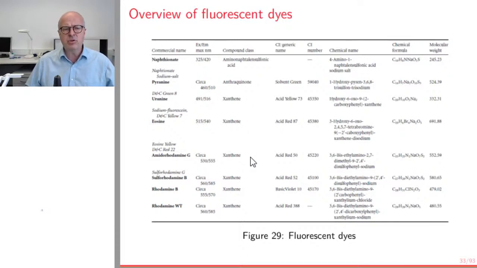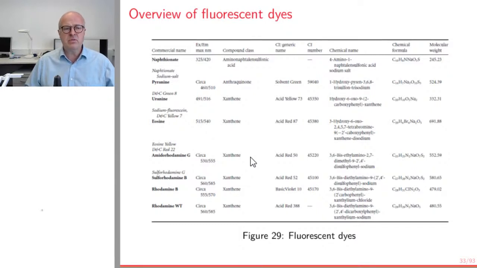Now, I will not go through each of them. You see now the emission and excitation wavelength for pyranine, uranine, eosine, and so on. I will just highlight 2 or 3 important things. So you should really remember the excitation and emission wavelength of uranine, which is 491 excitation wavelength and 516 emission.